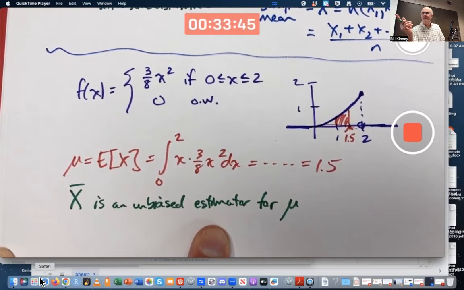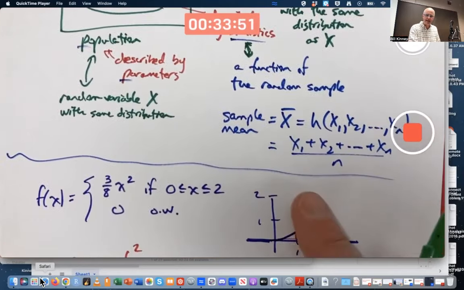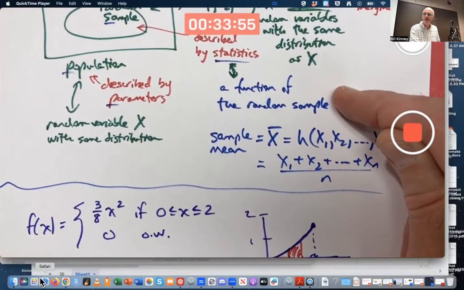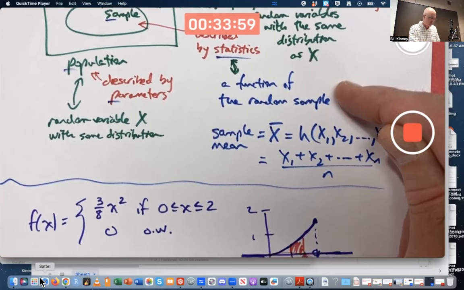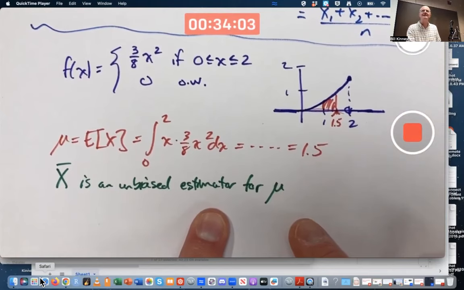An estimator is a statistic. X bar is a statistic. It's a function of the random sample. There could be other statistics that could be estimators for mu besides X bar. Like what? Maybe the sample median?